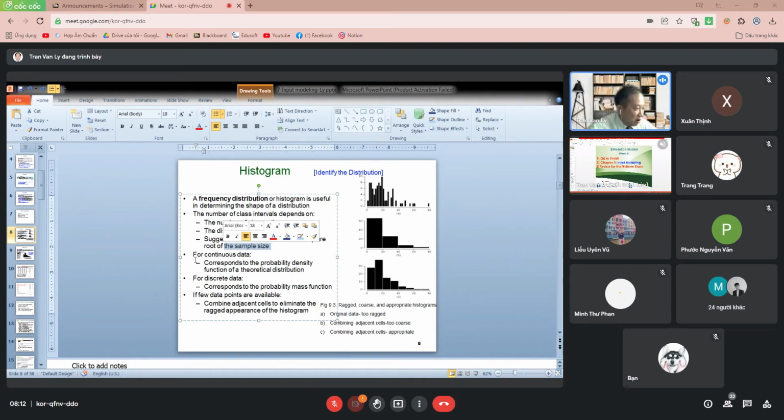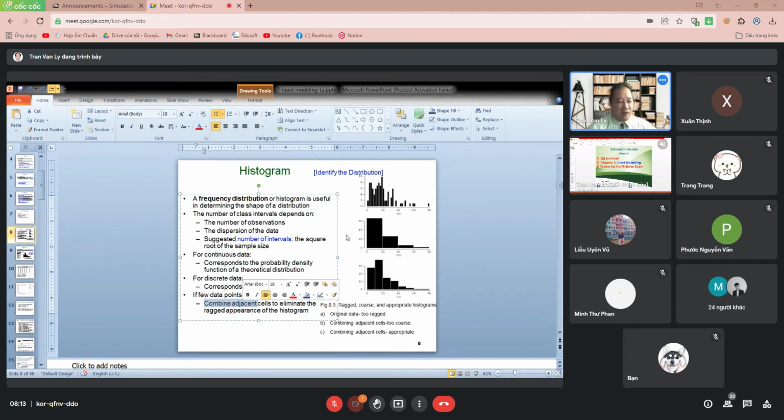For continuous data, you see the probability density function, PDF. And for discrete data, for sure, we have the PMF. If there is little data, what should we do? We need to combine adjacent cells together to eliminate the ragged appearance.